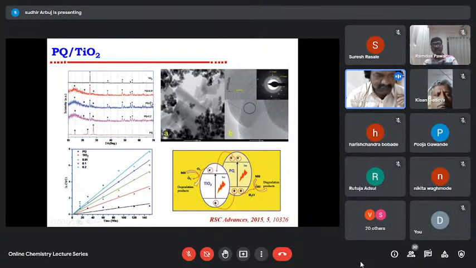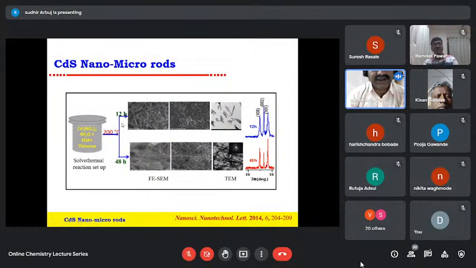Next, we prepared cadmium sulfide at different temperatures and times, 12 hours and 14 hours. The CdS prepared at lower temperature or shorter time has a small length, up to 200 nanometers.